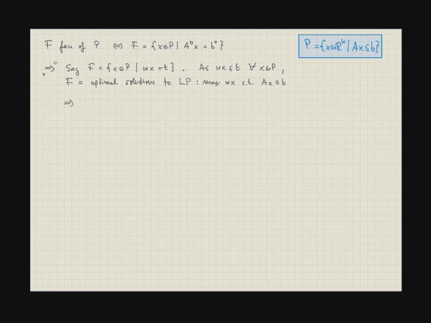So that means for all points x in this face F, so for all these optimum solutions, there exists a dual solution, let's call it y, and that is going to be a solution of the corresponding dual problem, which is: minimize y times b subject to the constraint that y times A is equal to w and y should be non-negative.